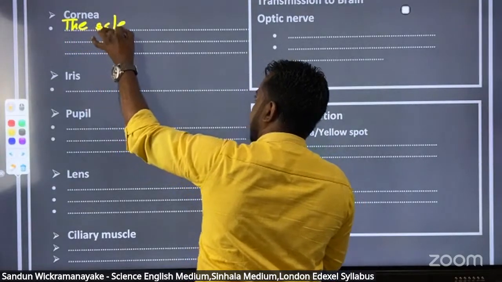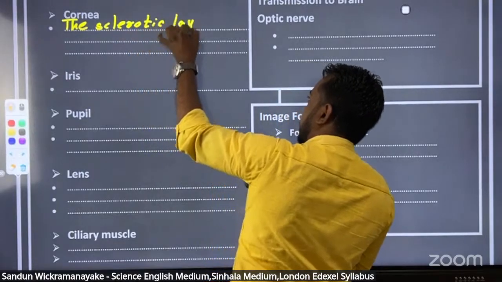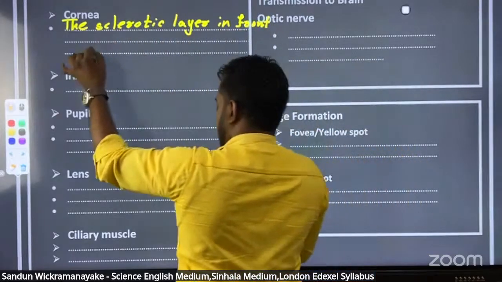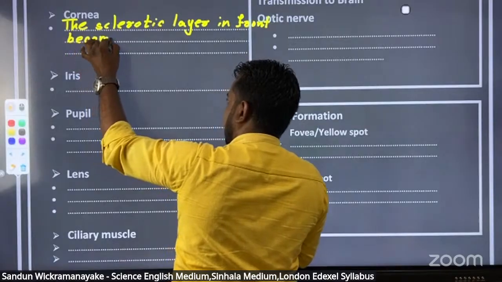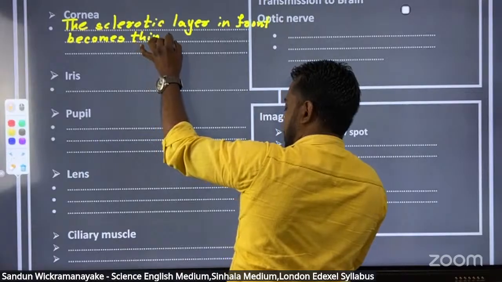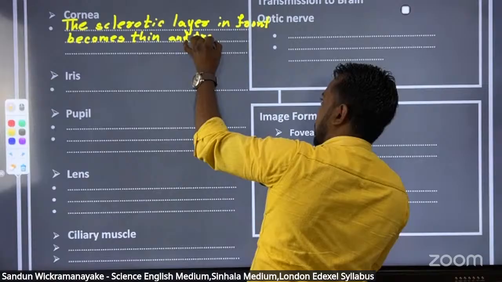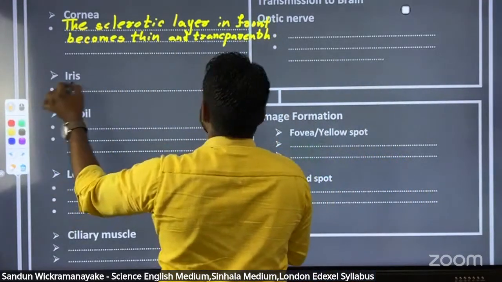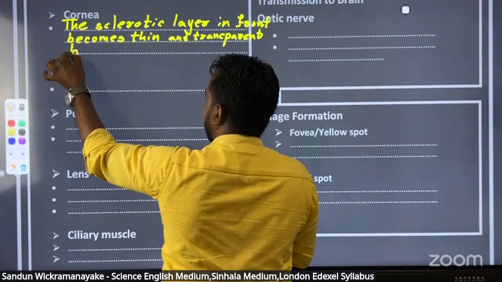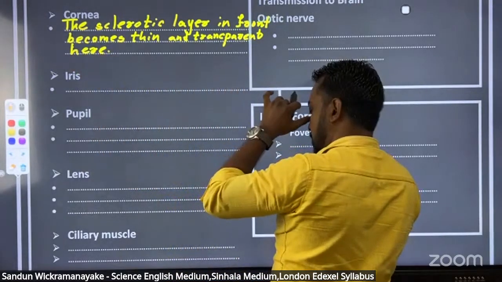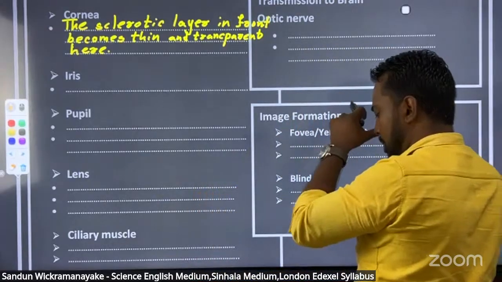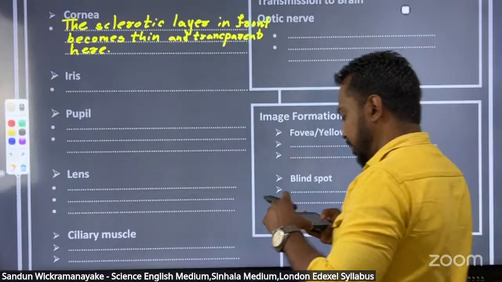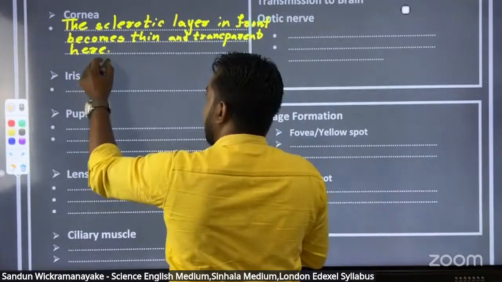The sclerotic layer in front becomes thin and transparent. Transparent here. Right.